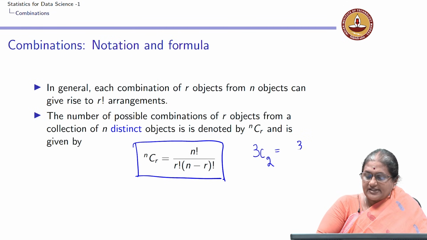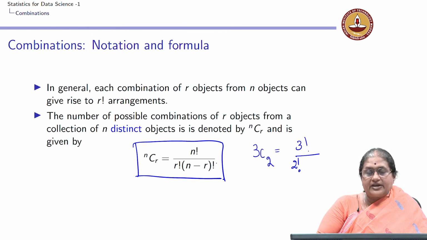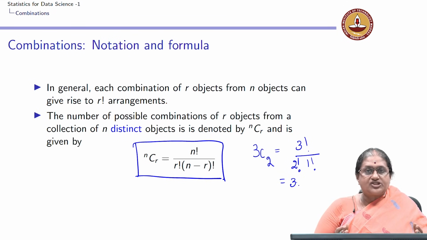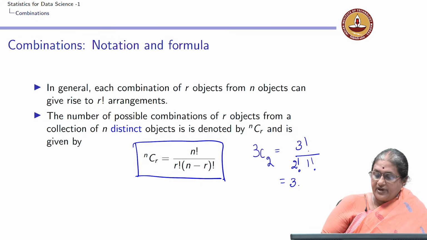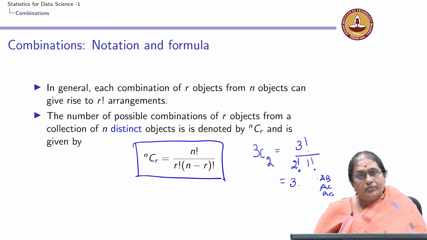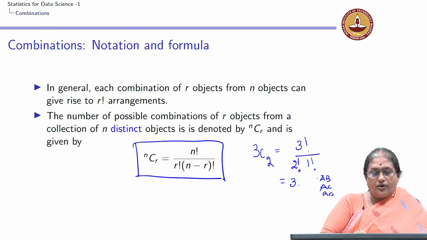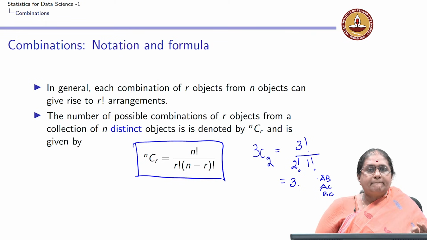Applying the formula, it is 3 factorial, which is n factorial, r factorial is 2 factorial, and 3 minus 2 factorial is 1 factorial. I can see that this is equal to 3, which is the total number of combinations which I got, namely AB, AC and BC. I had 3 combinations.